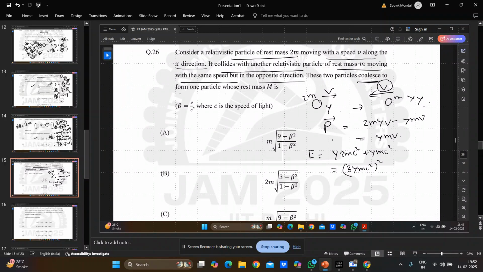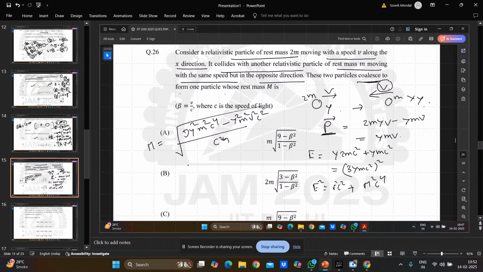And you know the momentum of the resultant particle. So just apply the formula, E square is equal to p square c square plus M square c to the power 4. So 9 gamma squared m square c to the power 4 minus gamma square m square v square c square, divided by c to the power 4, under root, is equal to M. Take m outside, it will be 9 gamma square minus gamma squared times v square by c square left here.